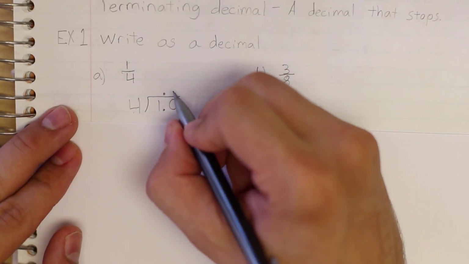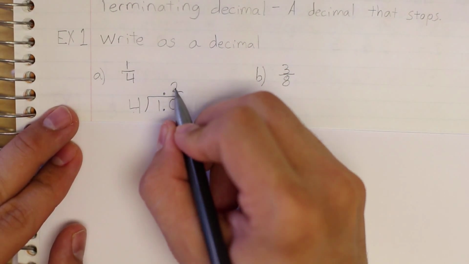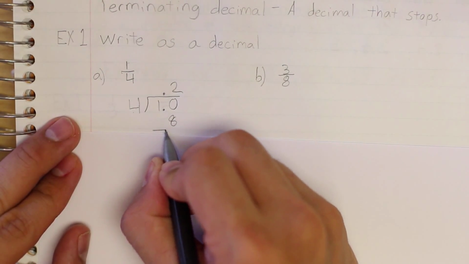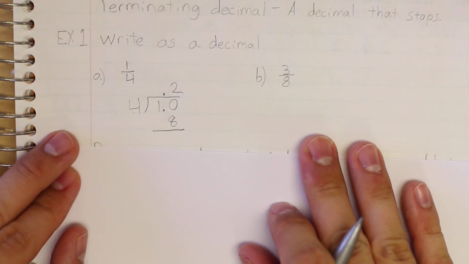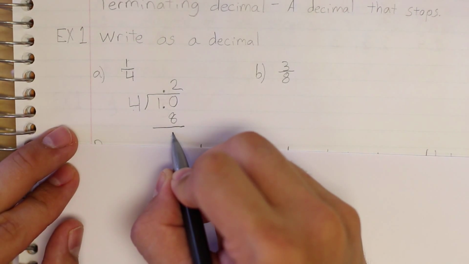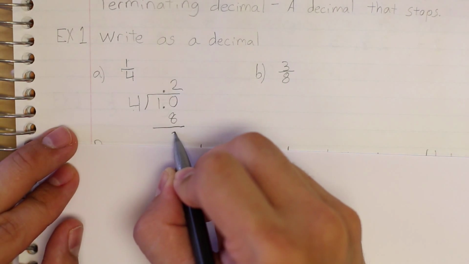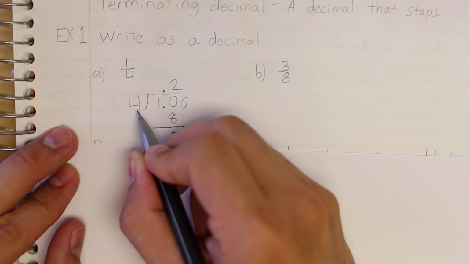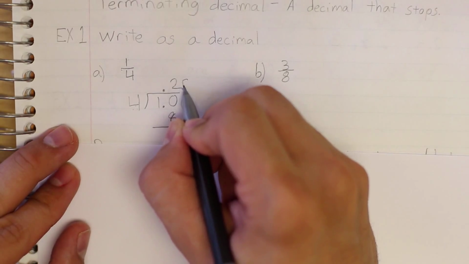4 goes into 10 2 times. Remember to multiply back. You would get 8. You would end up subtracting to get what? 2. You would bring down another 0. 4 goes into that 5 times.